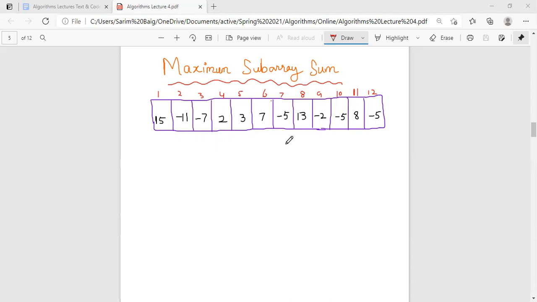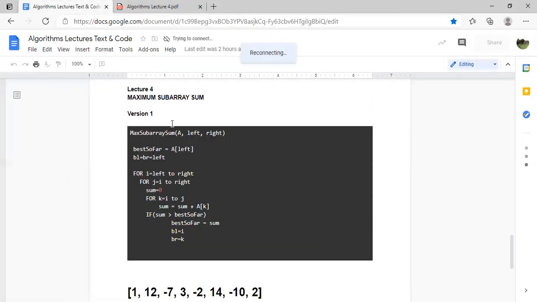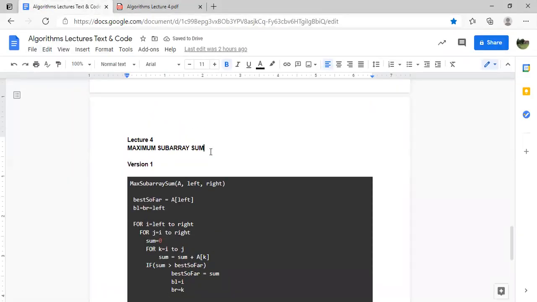You are often looking for pieces of a matrix or an array that has a maximum intensity in terms of maybe light intensity or color intensity, etc. So all those problems become maximum subarray sum problems. So formally, what is the problem? Let me just go and define this problem formally here, and then we will look at these codes, etc.